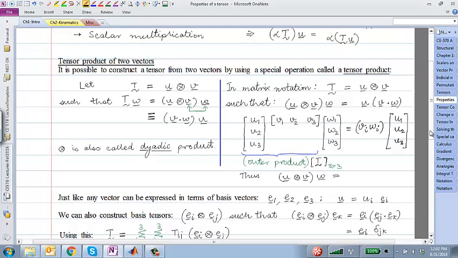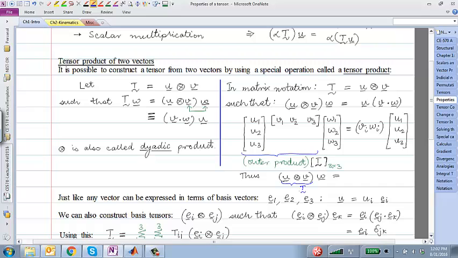Another way to write the same thing is, if I write this as, so let me ask you this, can I write this as T right here?